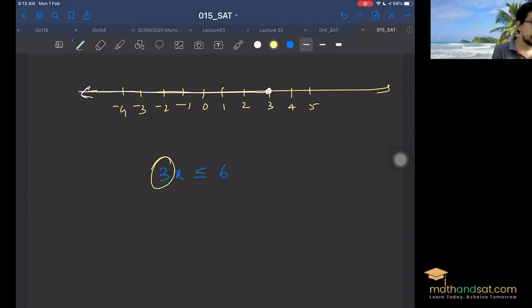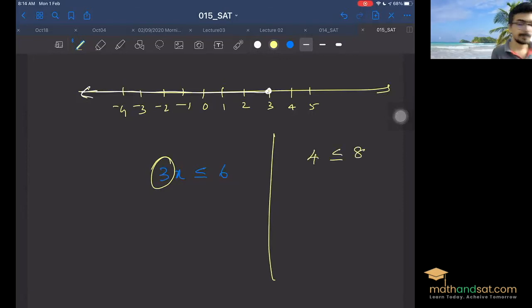For example, we know 4 is less than or equal to 8. This is a true statement. Now, if I divide by 2 on both sides, you still have a true statement: 2 is less than or equal to 4.